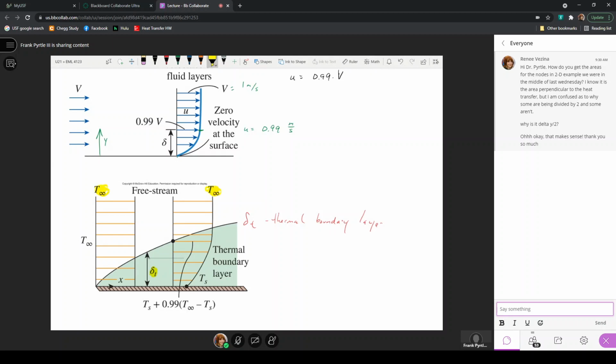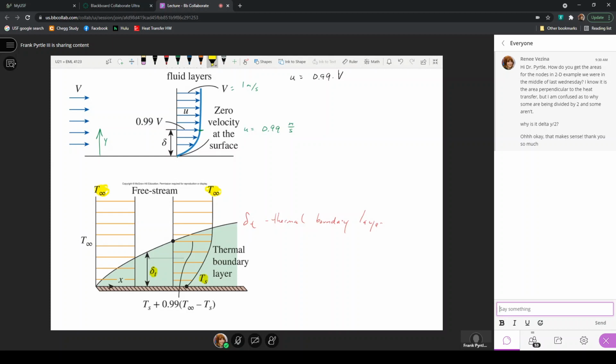Right along this surface, the temperature of the fluid is the same as the surface temperature. So everywhere in between, in this green area, the temperature differs from the free stream temperature, higher than T infinity if the heat transfers from the surface into the fluid.